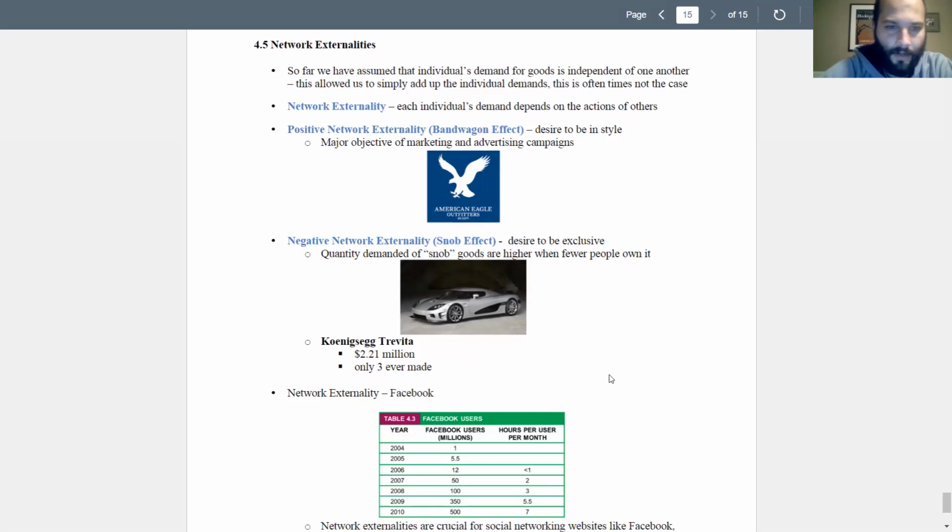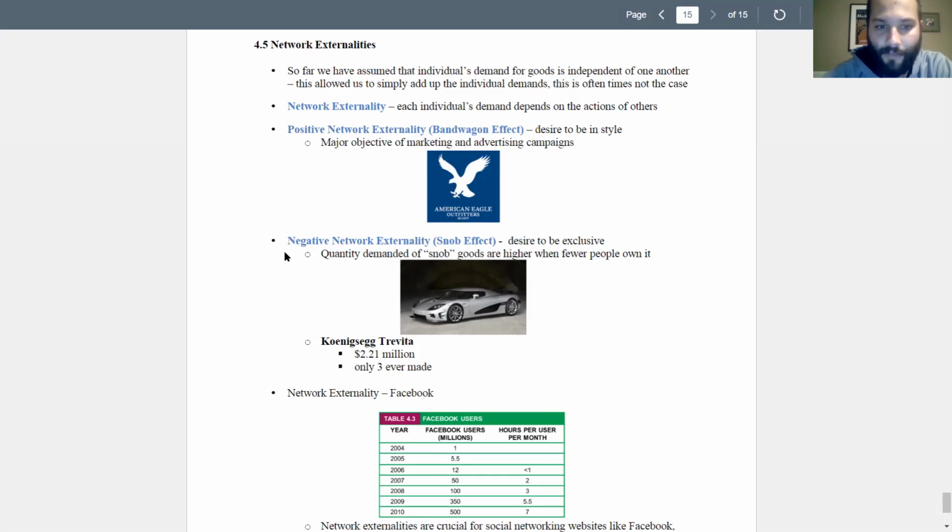I think in my notes and study guide, I talk about it as a peer externality, peer demand externality, means the same thing. So we've got a positive network externality, which we call the bandwagon effect. The bandwagon effect just means the more people are buying this item, the higher demand is for the item. More people want to buy it because more people are buying it.